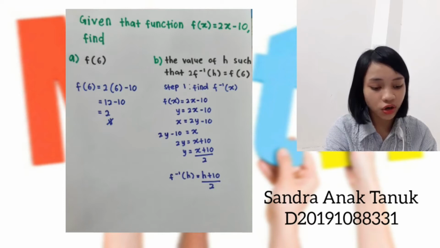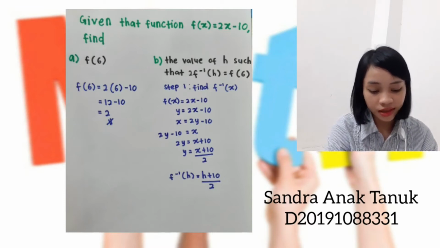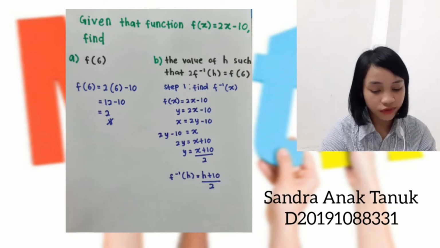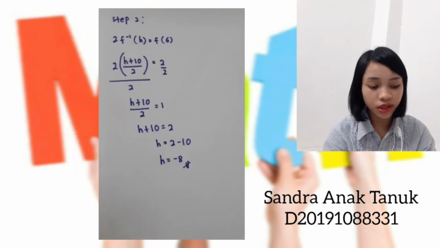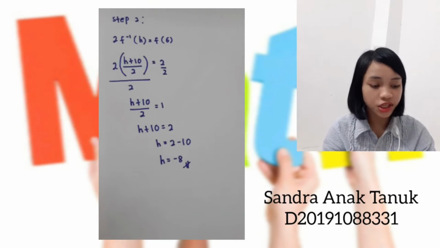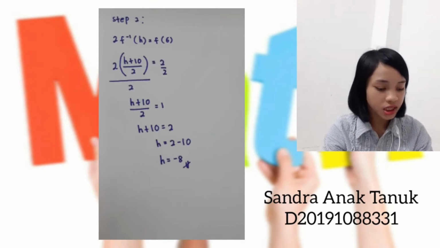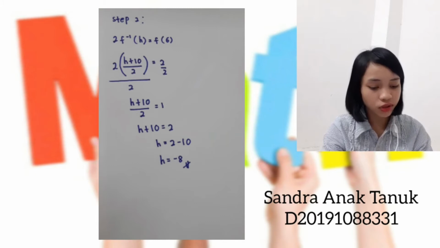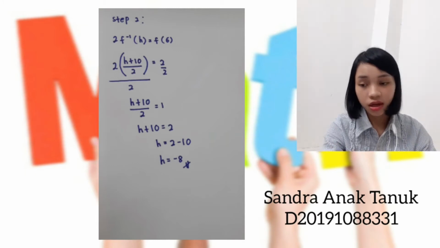For the value of h, we find the inverse function, substitute it into 2 f negative 1 of h equal to f(6), and the answer is h is equal to negative 8.